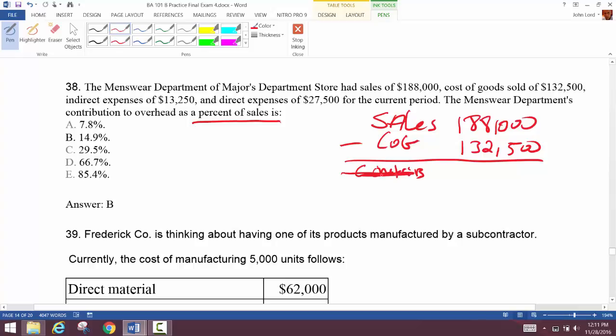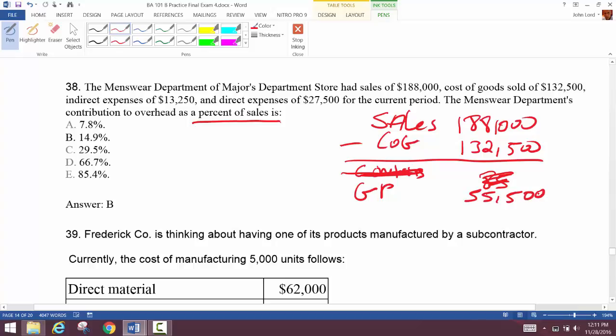But this number right here is still gross profit, isn't it? 188 minus 132,500 is 55,500. Okay, good.